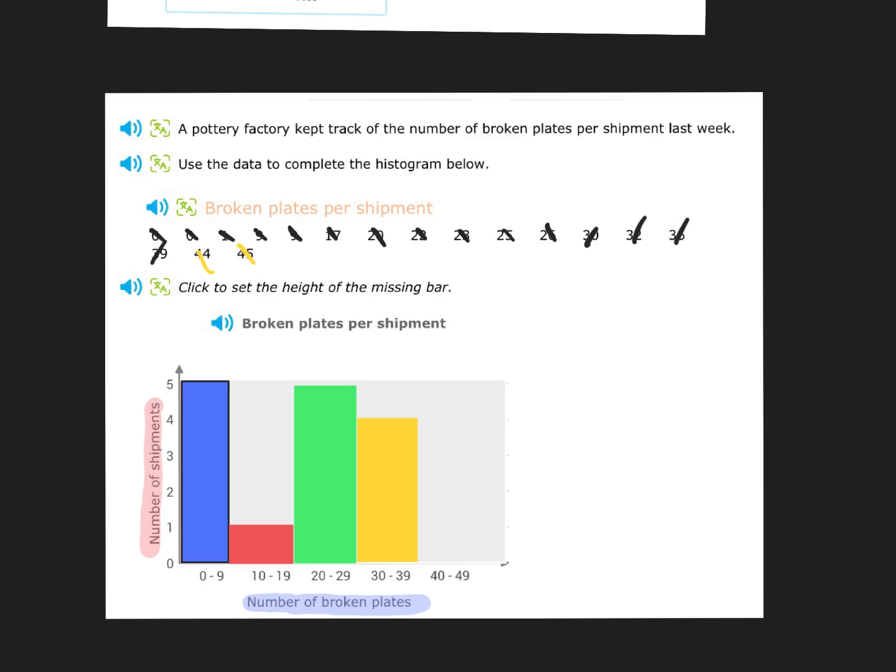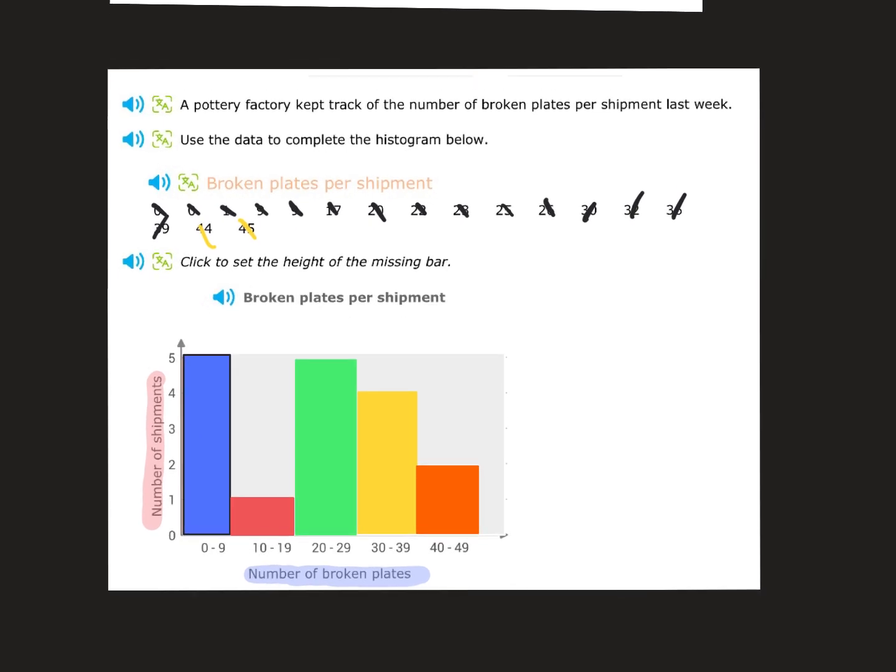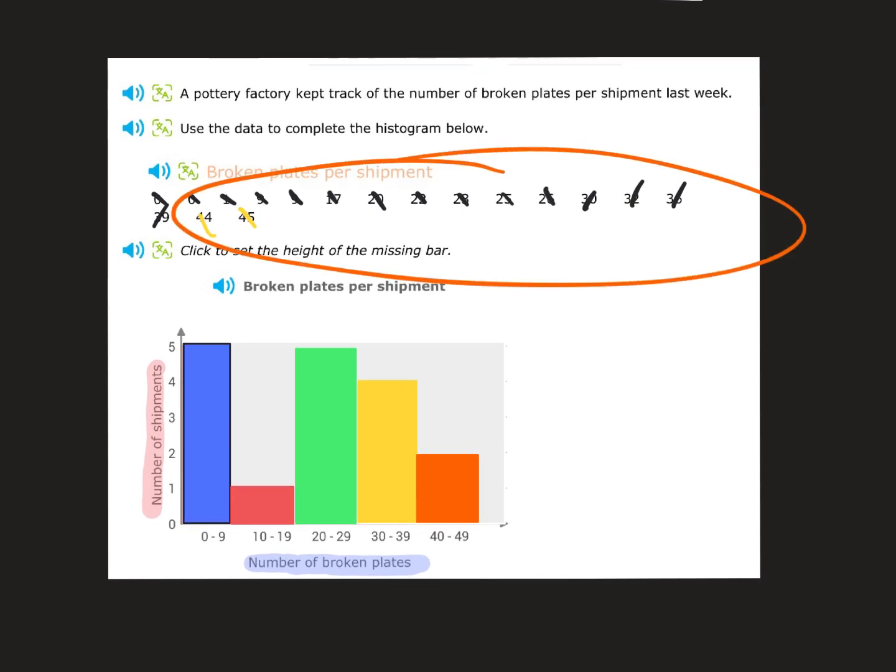There we go. And we had 2. And so that is how we put data from a list, plug it in, and create our histograms or our bar graphs.